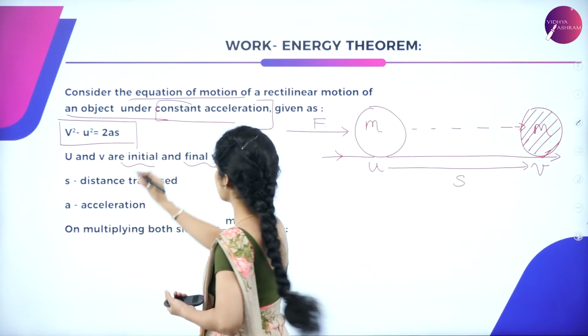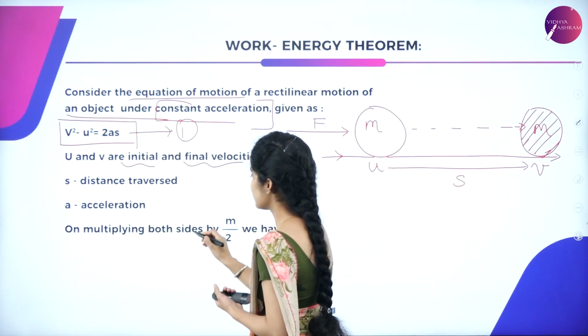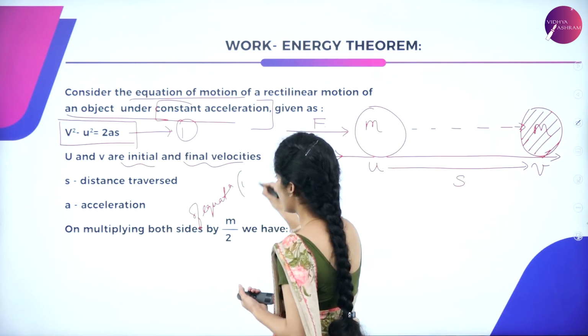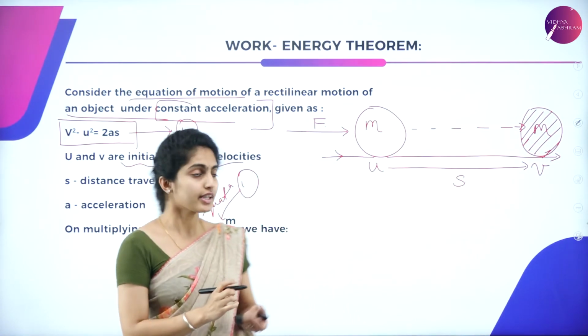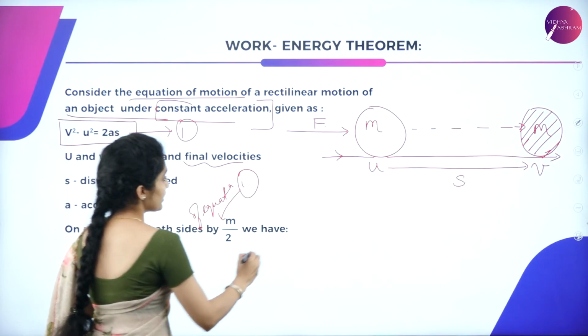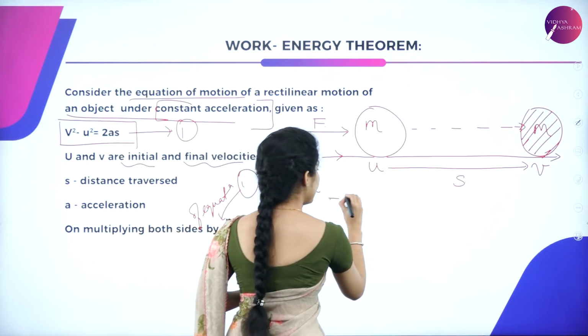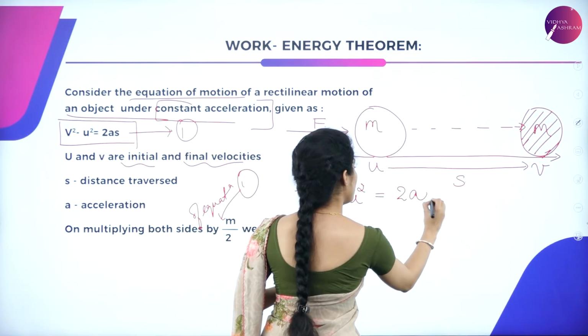Now taking this equation 1 and multiplying both sides of equation 1 by m by 2, consider equation 1, that is v square minus u square is equal to 2as.